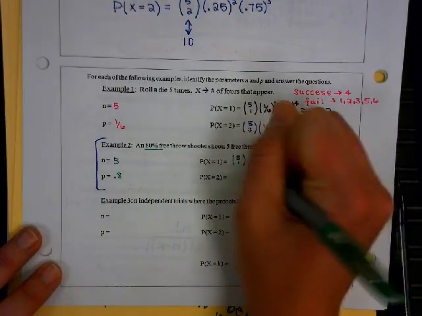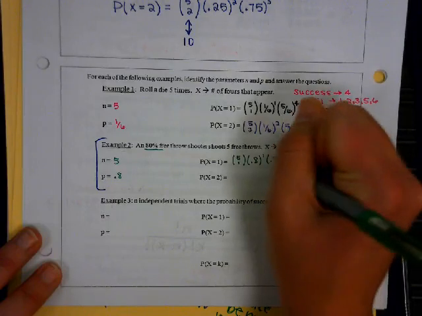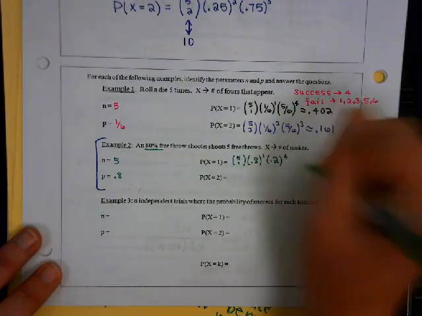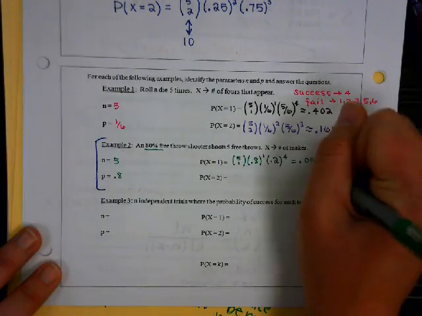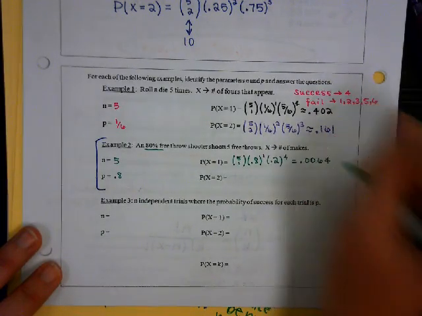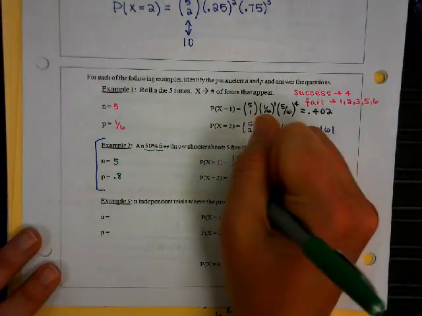And then we have 5 choose 2, 0.8 squared and 0.2 to the third, which comes out to 0.0512. Not as many yeses on that one.